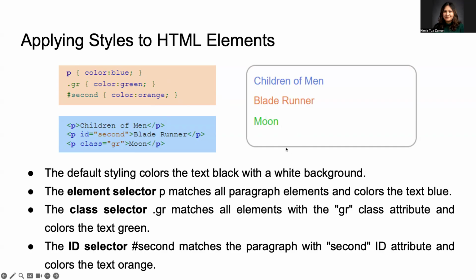And finally, the ID selector, color is orange. Since the paragraph has ID equal to second, Blade Runner, it has the ID, so it turns orange. So we see all three selectors in action in this example. Element selectors apply to all elements of the type. Class selectors apply to all elements sharing that same class. And ID selectors apply to only that one unique element with the given ID.